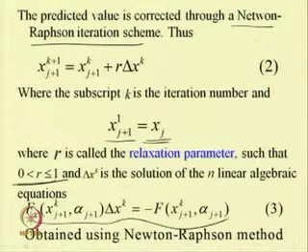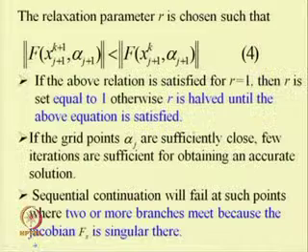Here f_x, the first derivative of f, the Jacobian matrix, times delta x^k will be equal to minus f(x_{j+1}^k, alpha_{j+1}). By solving this equation one can find the solution of the system.